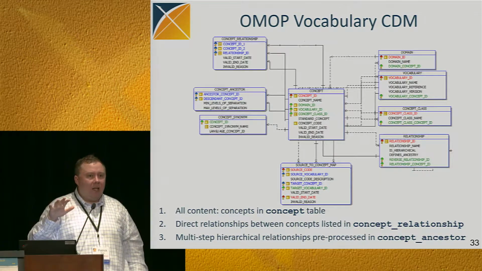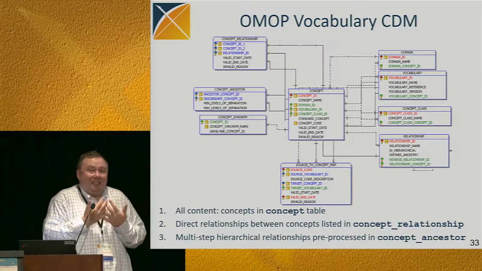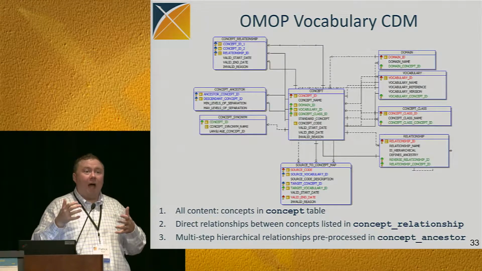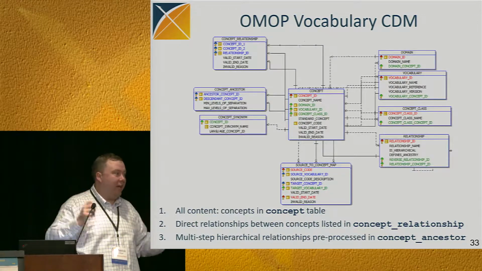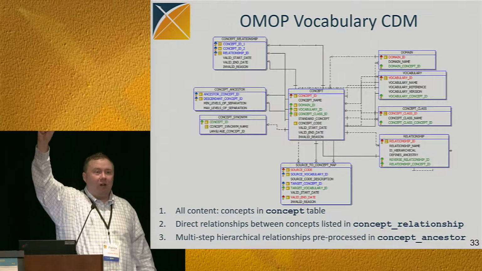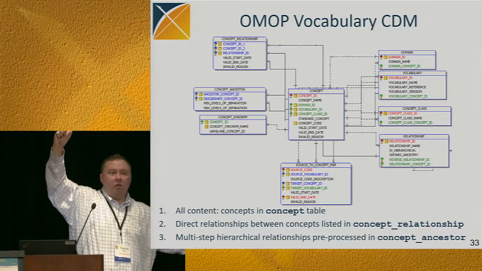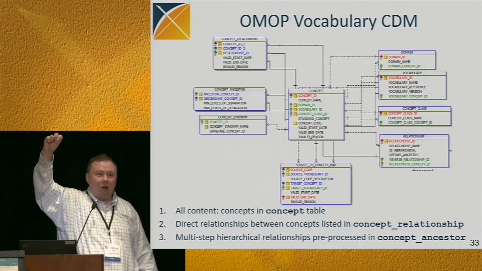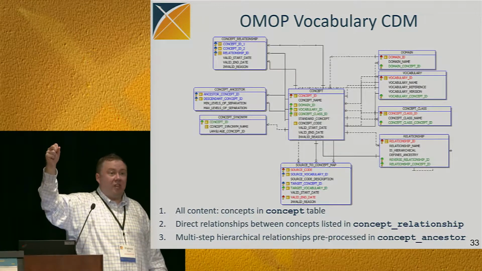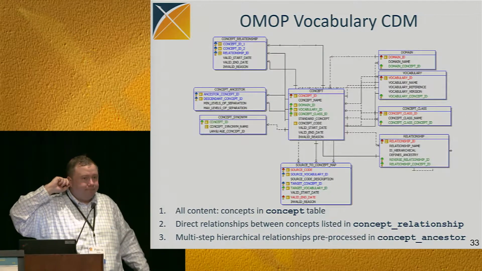The reason why I'm highlighting this right now is you're going to see in our tools, we take extensive use of these vocabulary capabilities to allow it to be easy for us to answer a question like, go find me new users of warfarin, and I can just take a concept of warfarin, knowing that there may be hundreds of different ways that that could be coded across all of our databases, but we can actually create one unambiguous representation that covers all of that using these relationships and the ancestry.